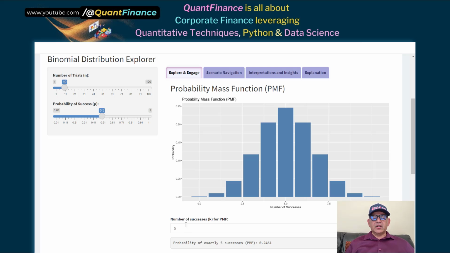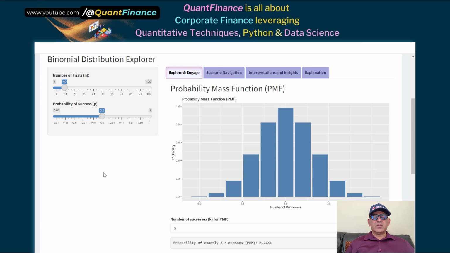And here the number of successes is 5 when we take it as 5, right? 5 means 5 defaults out of 10. Then the probability of 5 defaults is 0.2461.